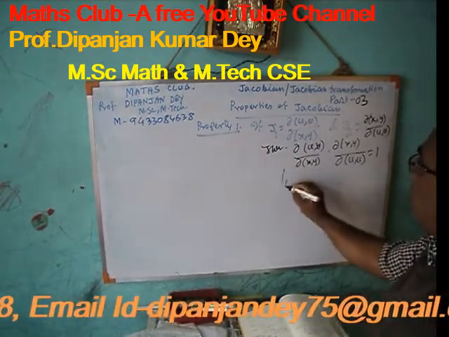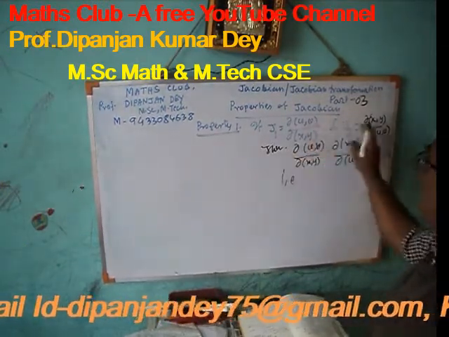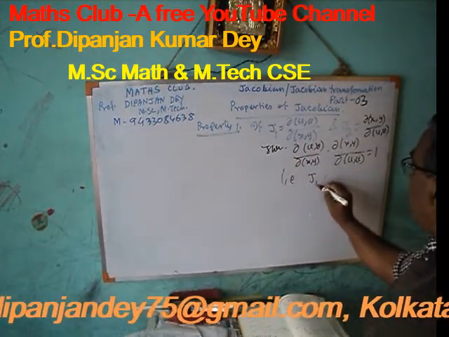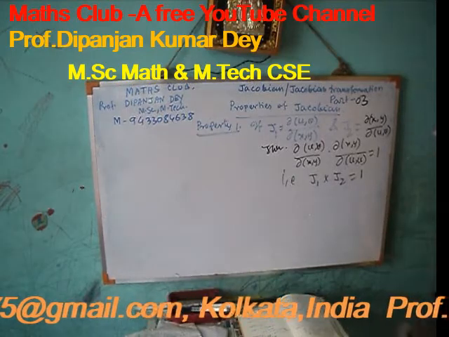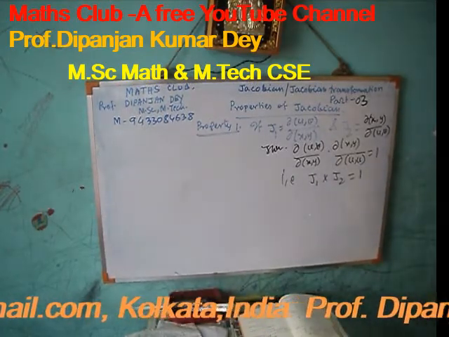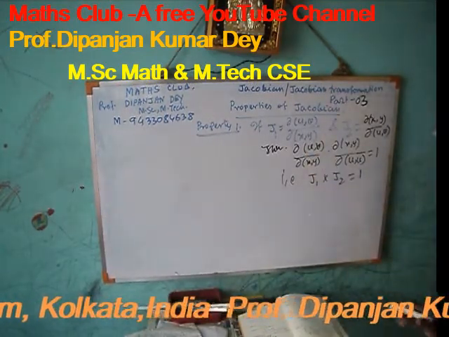That is, this is J1, this is J2, so J1 into J2 is equal to 1. This is the first property of Jacobian.